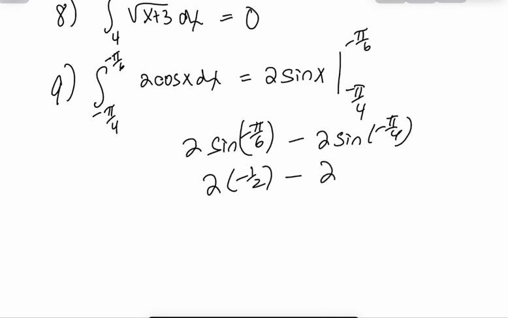The sine of any pi over 4 is always square root of 2 over 2, but in that quadrant it would be negative. So we can't do a whole lot with this. It would just be negative 1 plus square root of 2, and that would be the answer for number 9. You'd have to know the unit circle to do number 9.